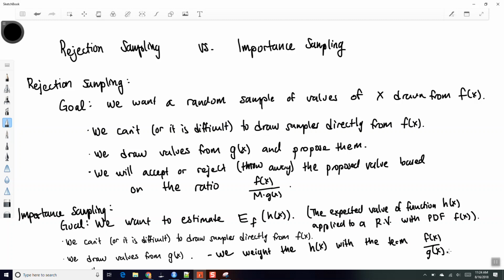With importance sampling, the goal is not to get a random sample, but to estimate the value of a function. And so here, we're going to keep all the values drawn from g of x, but we weight them differently. Some of them we weight less, some we weight more, so on and so forth. And we weight them with the term f of x over g of x. Okay.